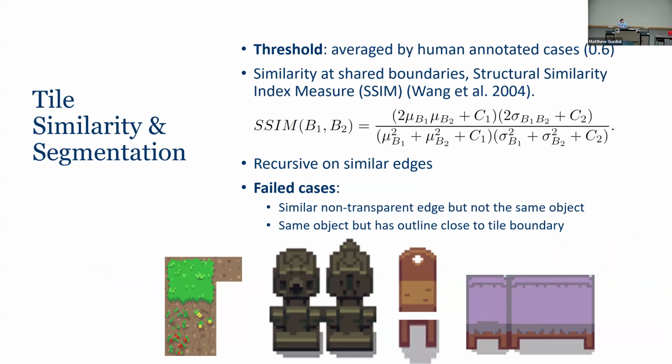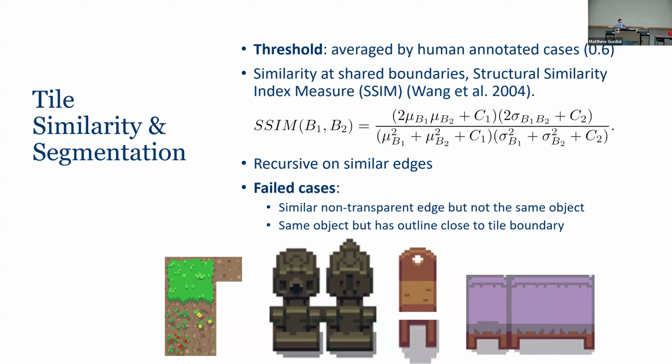So here is how we automatically decide whether neighboring tiles belong to the same object. We measure the similarity on the shared tile boundary using the standard structural similarity score. The threshold was decided by averaging from human labeled examples about adjacency. We take the value around 0.6. If two tiles are similar enough along an edge, we recursively merge them into a larger object.